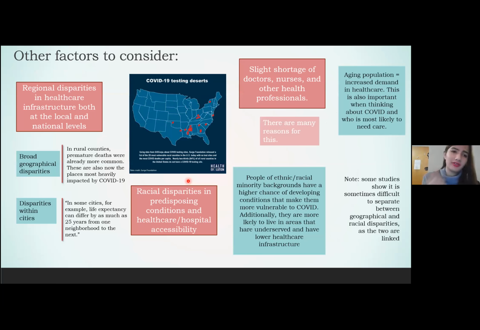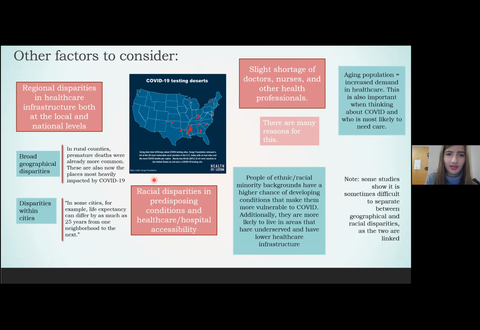So some other factors to consider are regional disparities. The US has a lot of different types of regional disparities. So this is a map of testing deserts, COVID-19 testing deserts in the United States. And many different sources that we looked at have found that rural counties have a way higher instance of not having enough tests, not having enough hospital infrastructure, and also they have been the places that have been most heavily impacted by COVID.